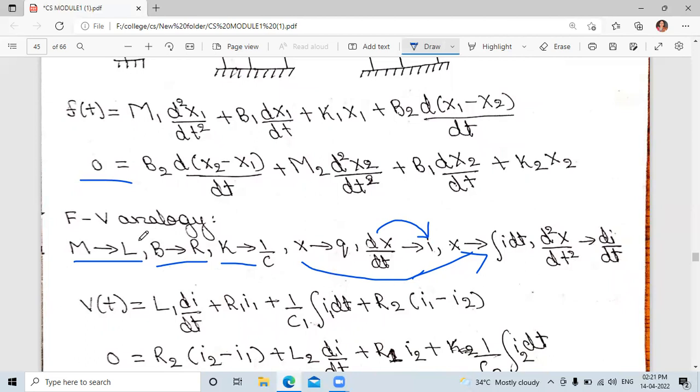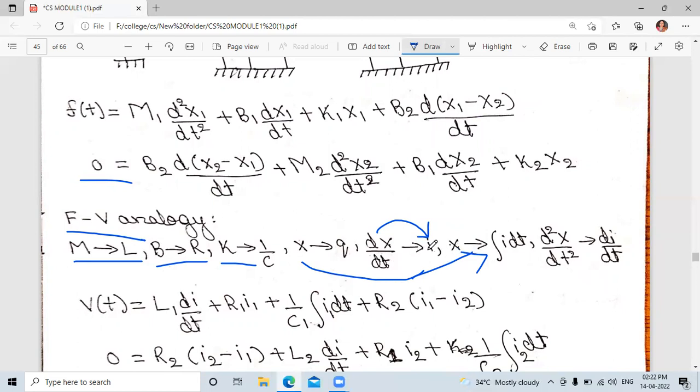If you cannot remember all these, first remember that force is converted to voltage, mass is replaced by inductance, friction is replaced by resistance, and the spring is replaced by 1 by C, that is capacitance. Here you need to remember that x tends to q, and dx by dt is nothing but i.